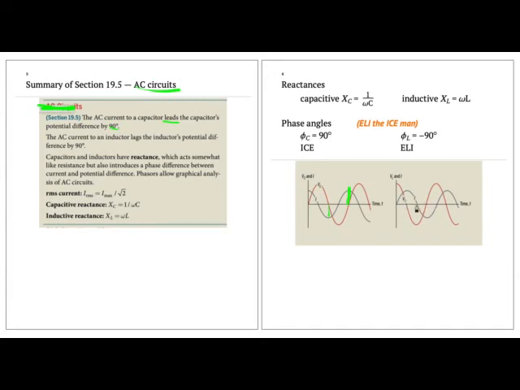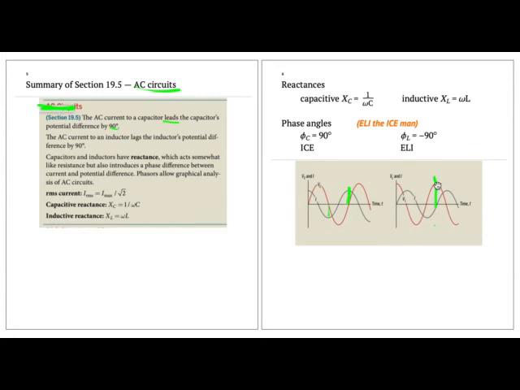So if we look at where the current is 0, let's take this point. Where the current is 0, the voltage is at its maximum. So that's a 90-degree difference in the position of the 0 of the current and the maximum value of the voltage.